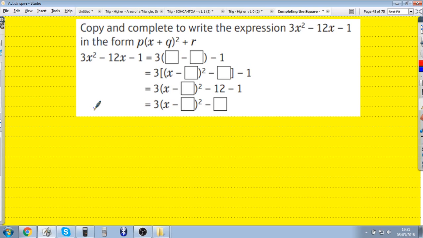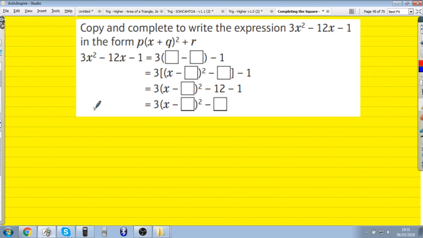Basically you multiply the square bracket by 3, but you don't bother expanding the whole bracket. So that will be 3(x − 2)² − 4 × 3 − 1, so 3(x − 2)² − 12 − 1. That's it. And so final answer?